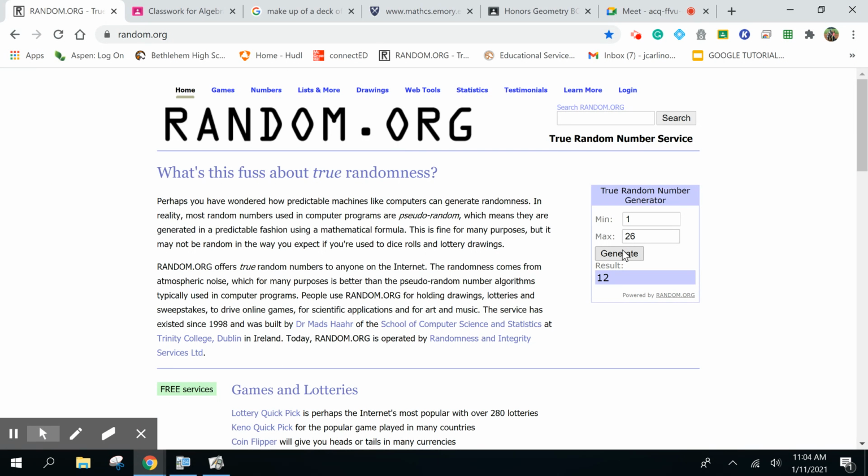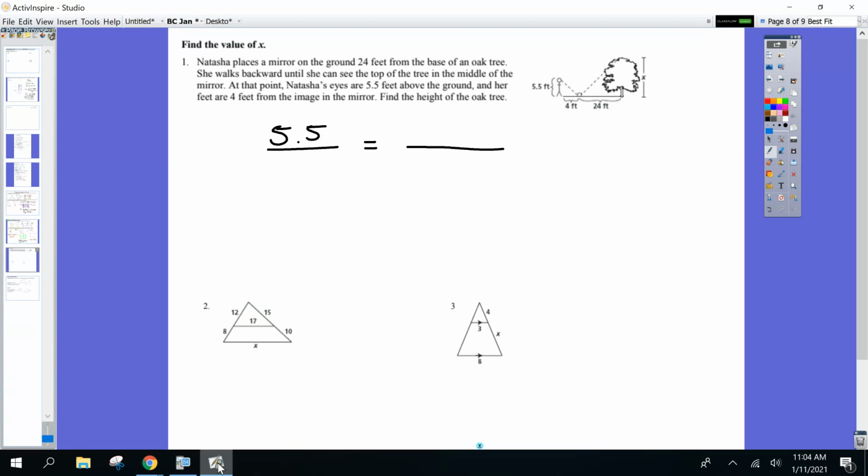12, here we go. Lucas, again, what's 5.5 correspond with in the other triangle? If I put those triangles right on top of each other, the 5.5 would correspond with what?